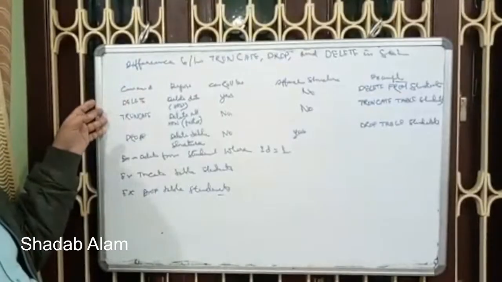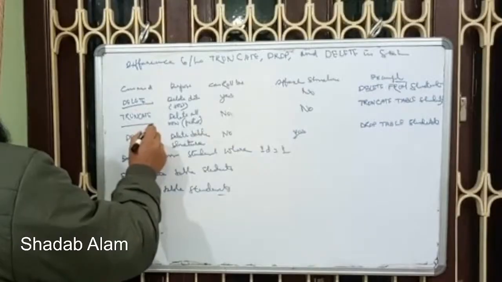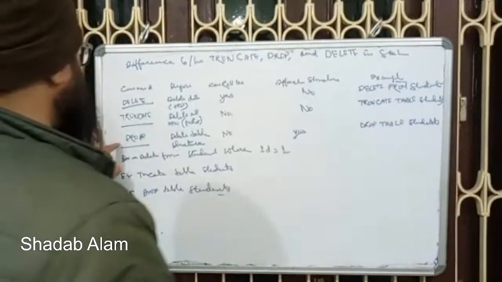These three commands are for deleting data: first is DELETE, second is TRUNCATE, third is DROP.